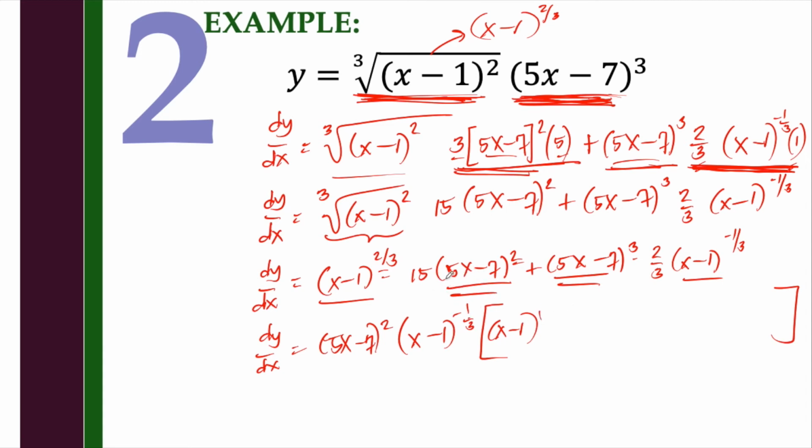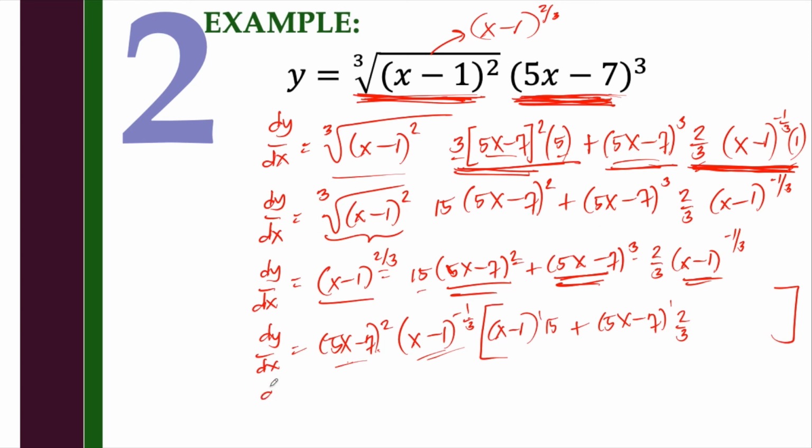And then 15 is still there. (5x - 7) squared is already out. It's 1. Plus, we have (5x - 7) raised to 3, and this is (5x - 7) squared, so we still have (5x - 7) raised to 1 here, then times 2/3, and this one is already the one factored out here.